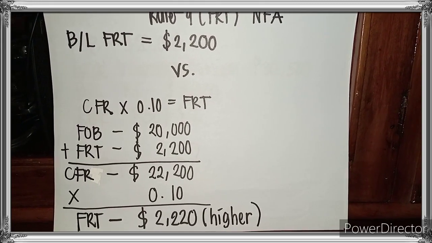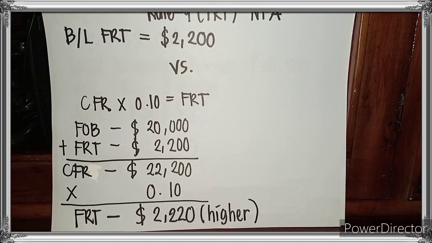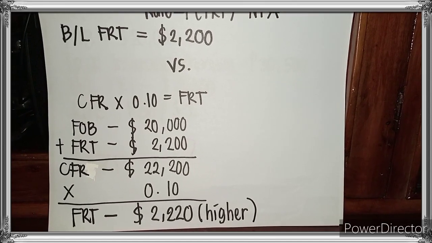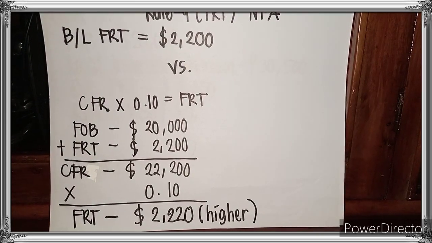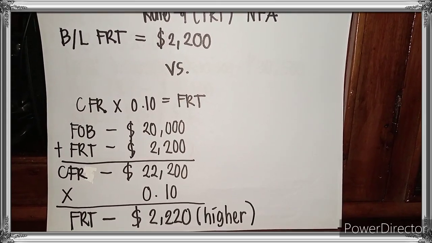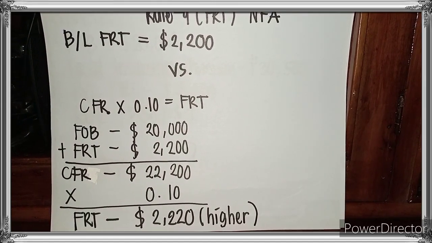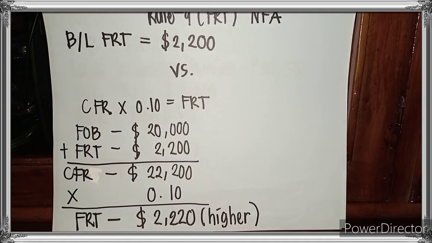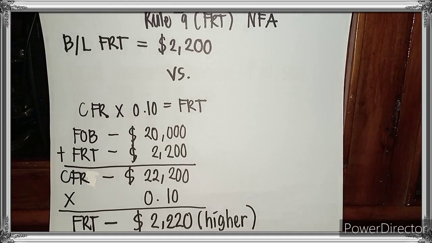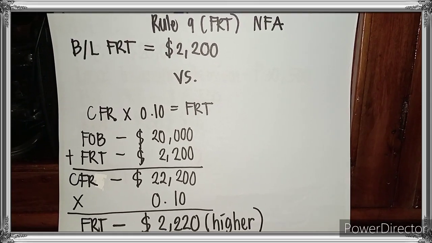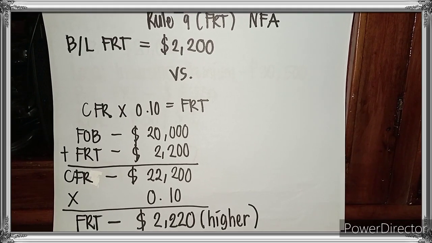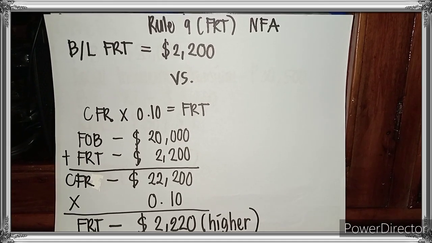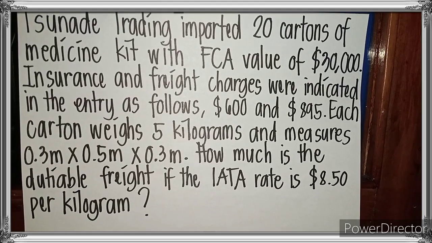Comparing whichever is higher between the BL freight and the CFR-based freight, the higher is $2,220. So the final answer is freight amounting to $2,220.